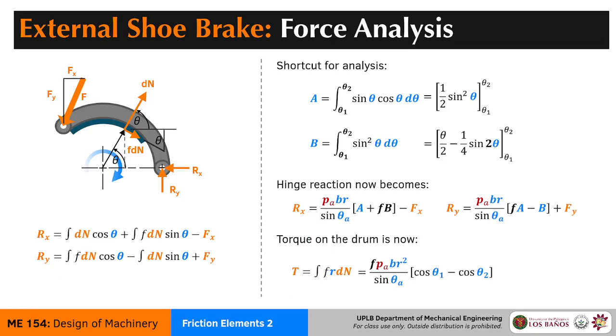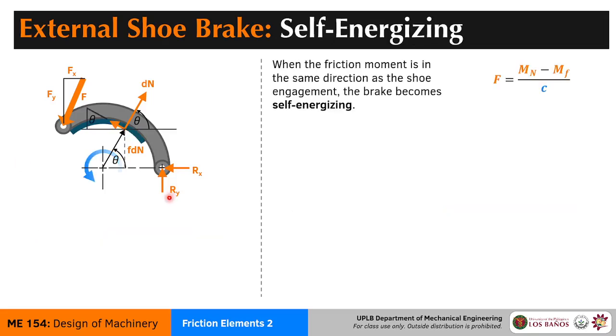All right, so that is for the free body diagram analysis or the force analysis on a non-self-energizing drum. So what if we have a drum that is self-energizing? What would that look like? Okay. So for this example, I didn't change anything except the rotation of the drum. Before we were calculating for the drum that is rotating clockwise. Now I flip the direction.